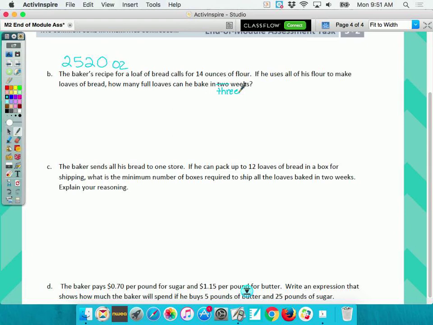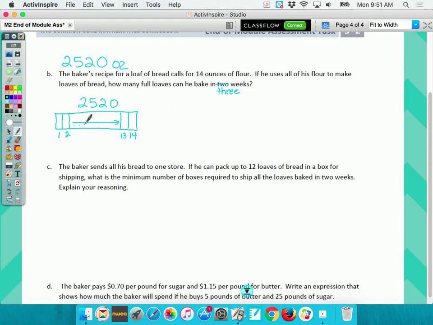All right, so each loaf that he makes, this is how much flour he has, okay? 2,520 ounces. And he's going to make how many loaves? 14. So each loaf that he makes takes 14 ounces.